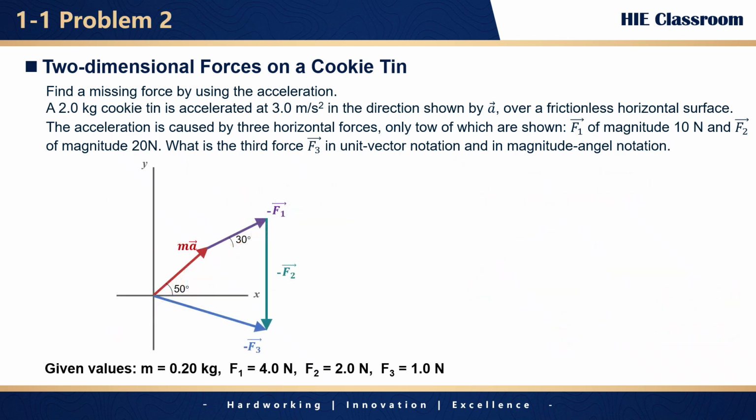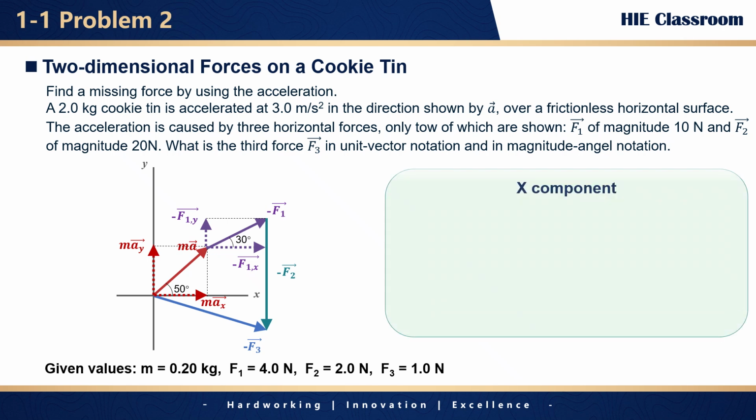We can also solve this problem by applying Newton's second law in terms of components. First, we break all the forces and the acceleration into their x and y components. Then, we work one axis at a time. Let's start with the x-axis. Along the x-axis, we write F3x equal to max minus F1x minus F2x.